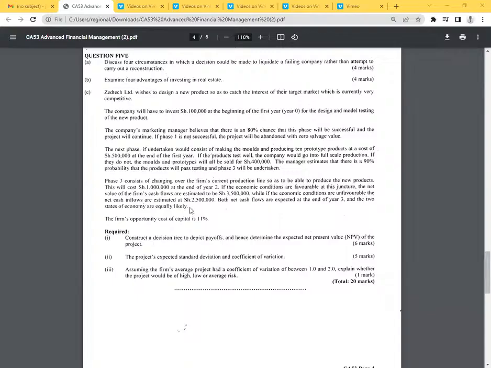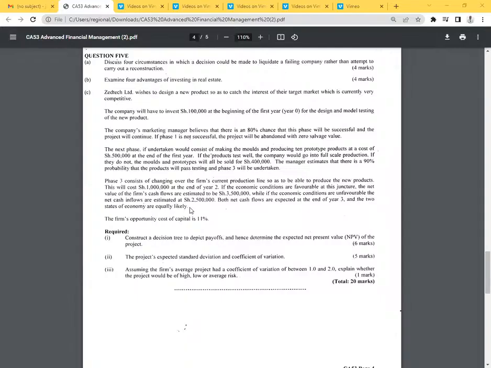Both net cash flows are expected at the end of year 3, and the two states of economy are equally likely. The firm's opportunity cost of capital is 11%. So basically they're giving us the COC, the cost of capital.